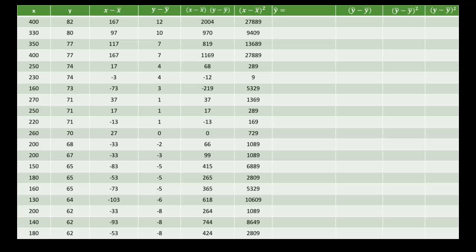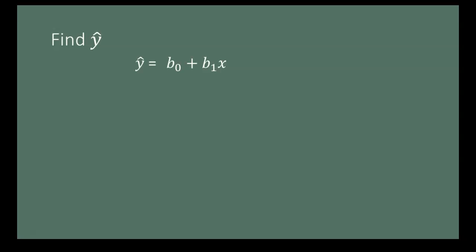Now we get to our y hat. So we can now find our y hat, which is our estimated regression equation. So that's your b sub 0 plus b sub 1 times x. So b sub 0, that's your y-intercept. B sub 1, that's your slope.